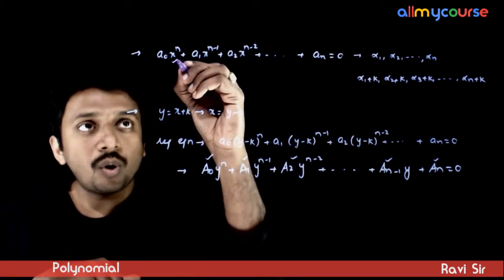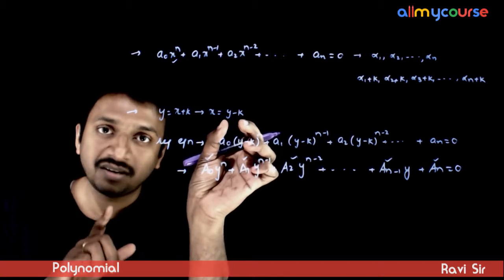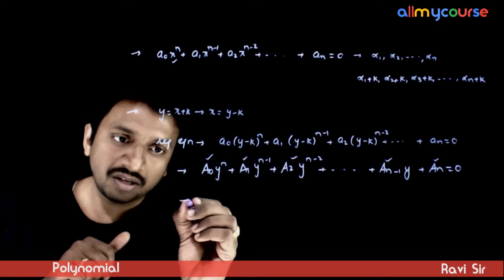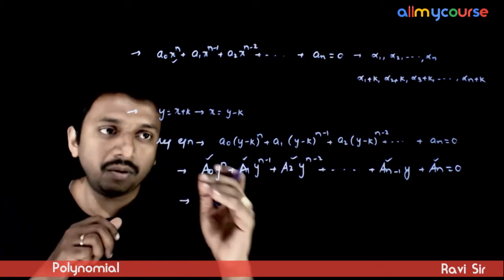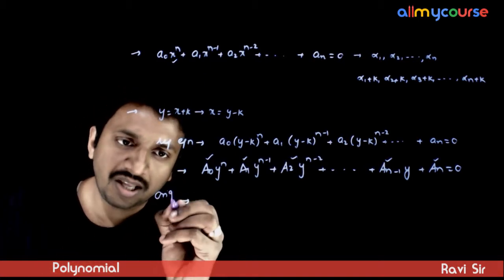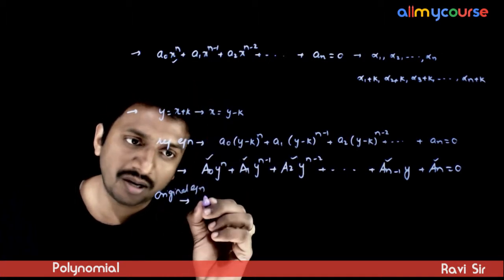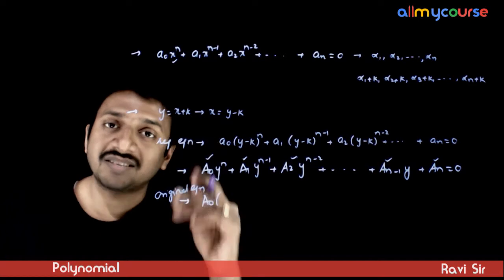In the original equation, I substituted x is equal to y minus k to get this equation. So in this equation, if you substitute y is equal to x plus k again, you get the original equation, right? So the original equation can be found by putting y is equal to x plus k again.